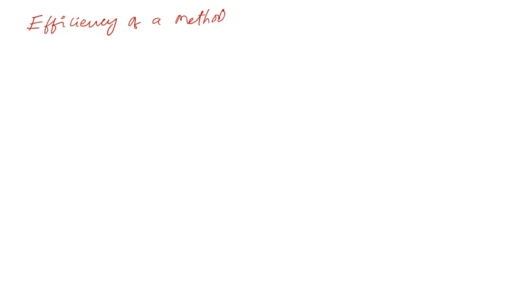Which method is efficient? See, when the order of convergence is more, the method gives good results within fewer iterations. But it may not be an efficient method. Let us see the efficiency index.